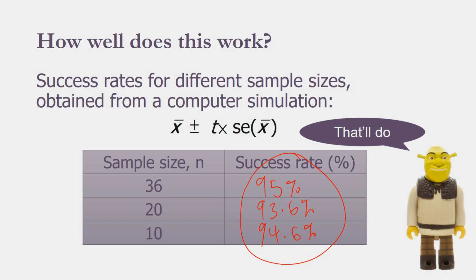So by changing the multiplier from 2 to t, we've managed to make our interval width flexible depending on the sample size. So now what we have is a formula for a confidence interval that builds an interval we can be about 95% sure has the population parameter in it.